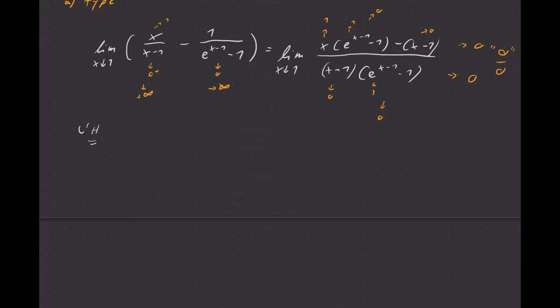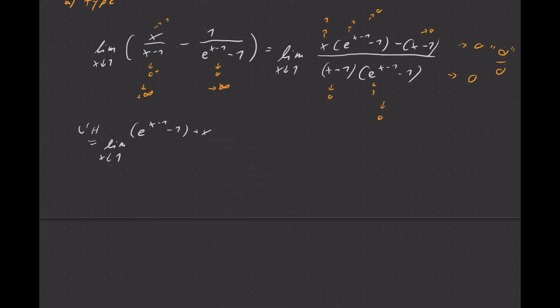And we do that by taking the derivatives. That's a little work here. Here there's a product of two functions, so we have to apply product rule to compute the derivative here. We start by differentiating x, so we are left with e to the x minus 1 minus 1. And then we differentiate this expression here.